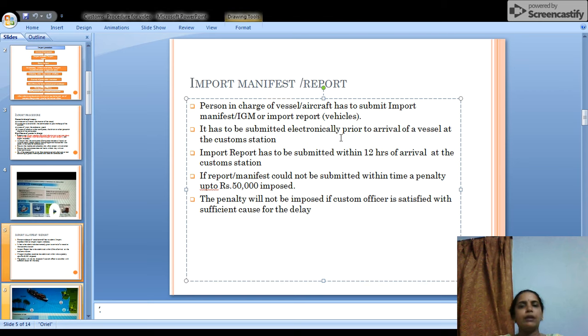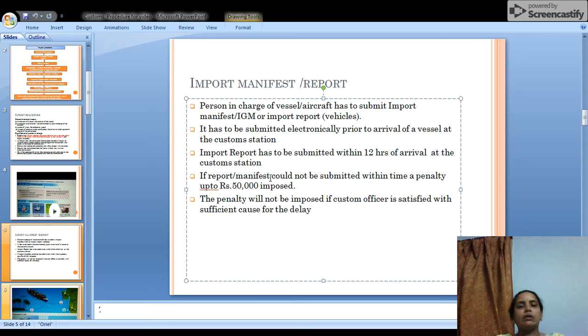It has to be submitted electronically prior to the arrival of the vessel at the customs station. It means before the vessel comes, we need to submit it electronically. The import report has to be submitted within 12 hours of arrival at the customs station. This is in the situation of vehicles.